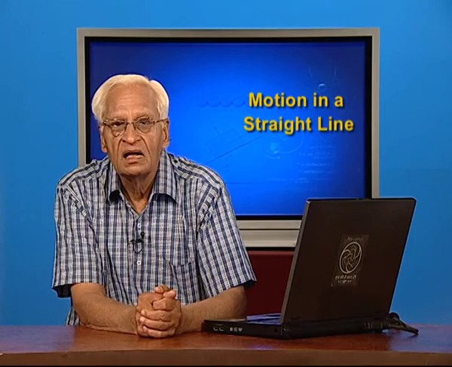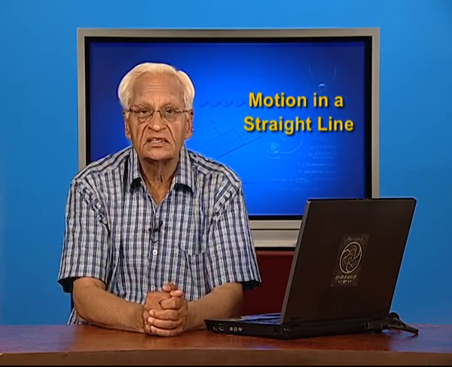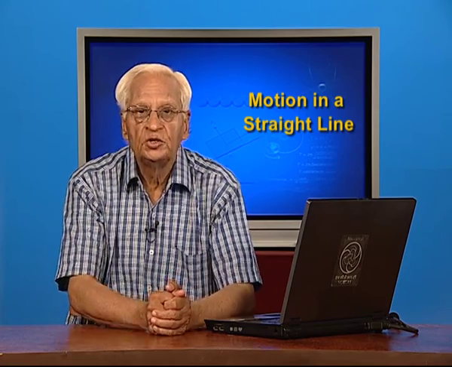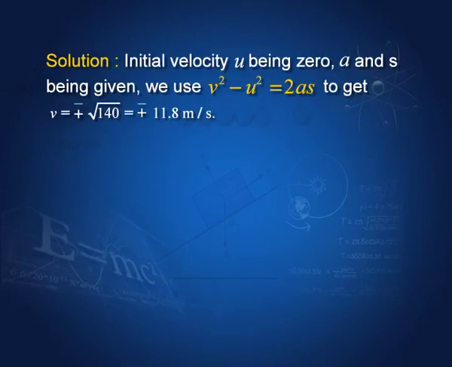I have taken this example to illustrate the fact that when you take a square root, you must consider both the signs, plus sign as well as the minus sign. So, in this case we have got the two signs. The velocity could be plus 11.8 meters per second or minus 11.8 meters per second.